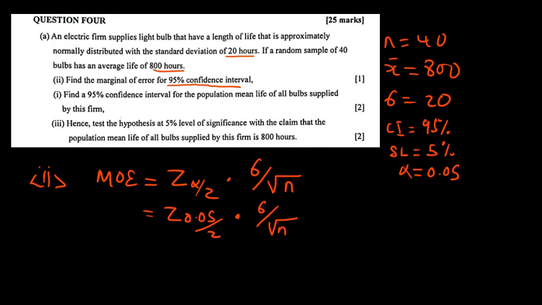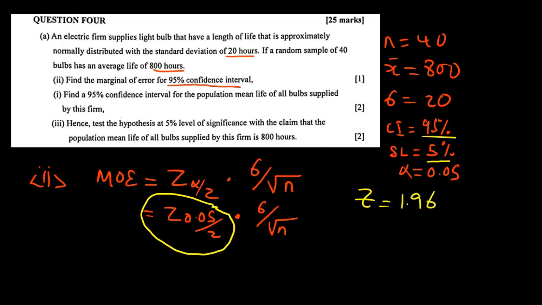This z here is the z-score from the normal distribution table. A 5% significance level is the same as a 95% confidence interval, and at 95% confidence the z-score is simply 1.96.